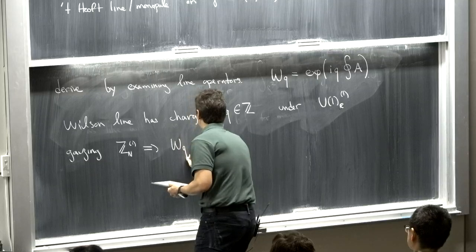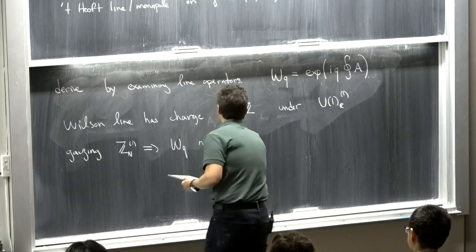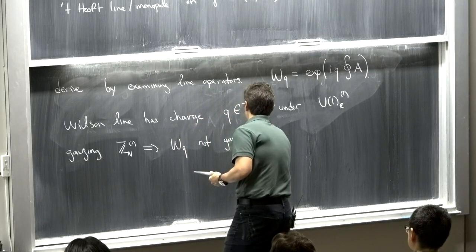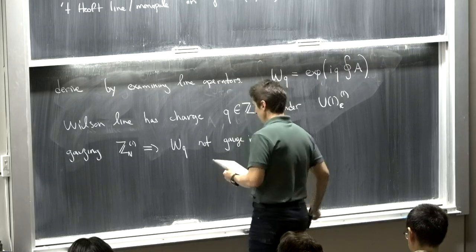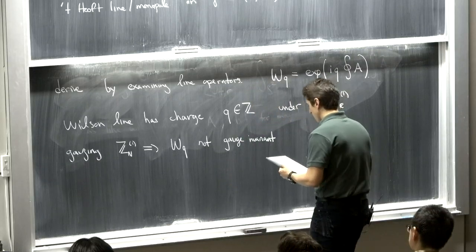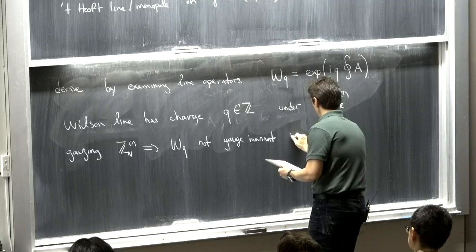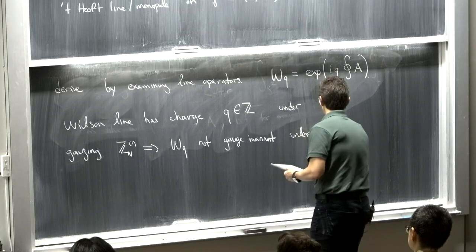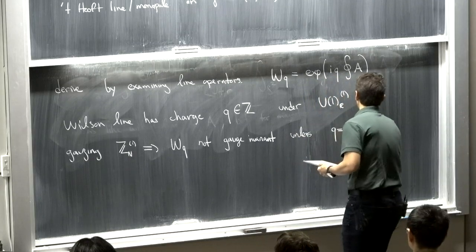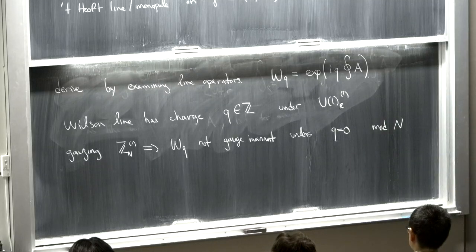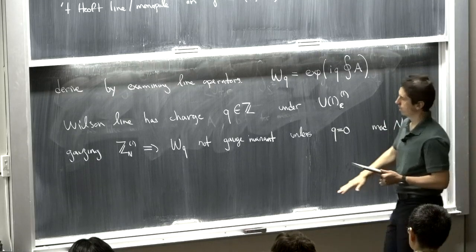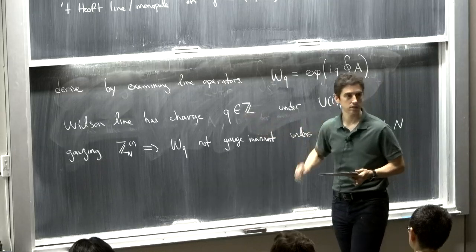So WQ is not gauge invariant unless Q is 0 mod n. So in my new theory, I throw away some of the Wilson lines.